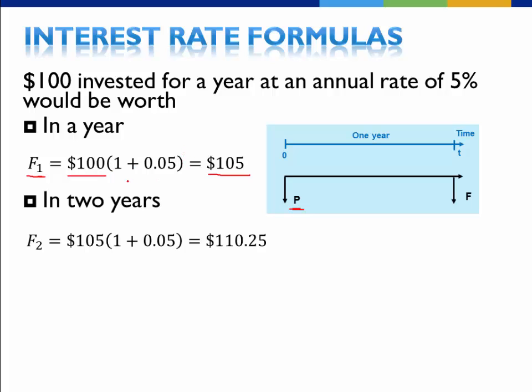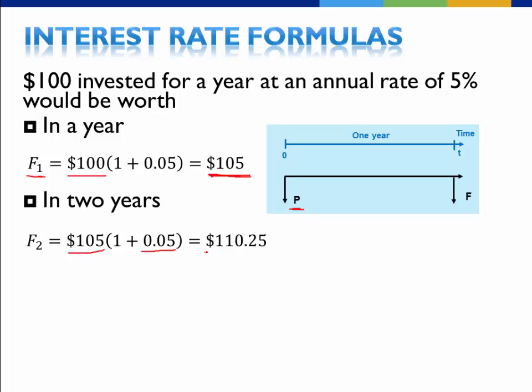Now let me explain this a little bit more, before just copying these equations without thinking about it. So this is at the end of the first year. At the end of the second year, let's say that you reinvest this $105. Following the same logic, you will be expecting to receive 5% more of this $105.